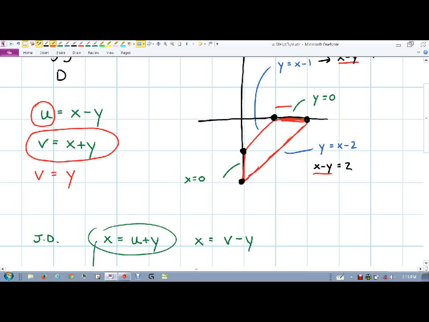What about this line right here? What if y is 0? What would happen to this if y is 0? You get v is x, right? And what's x? What is the x value? Between 1 and 2?